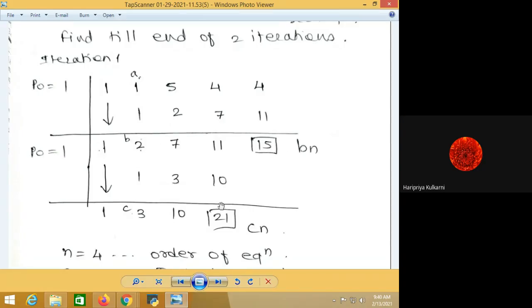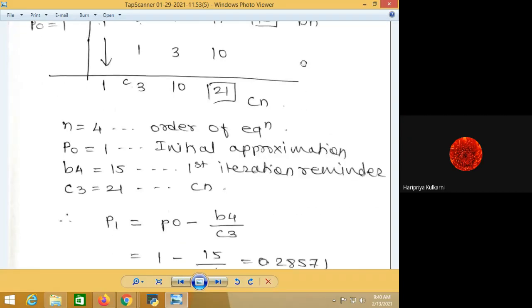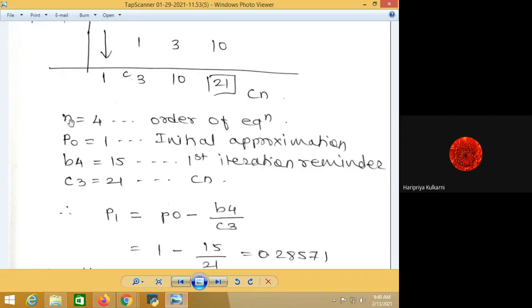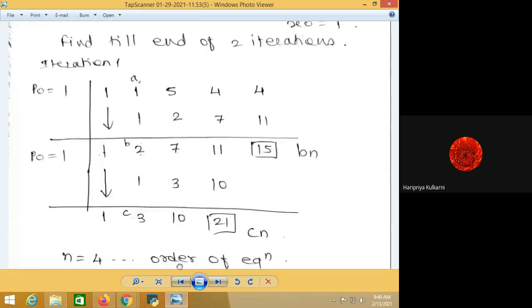Now we can find the next root with the formula P1 equal to P0 minus Bn upon Cn minus 1. So this is B4 upon C3. Here n is the order of the equation, which is 4 because the highest order is 4.